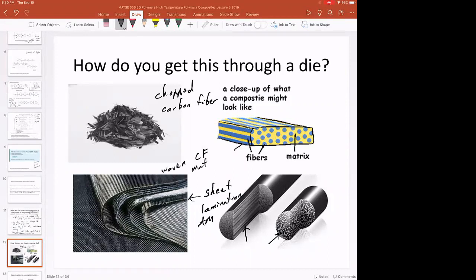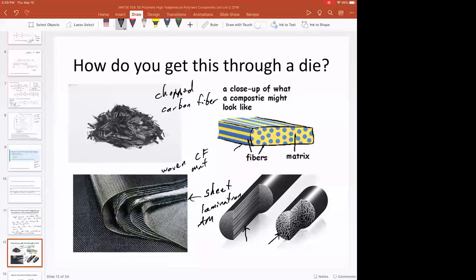And so when you buy a golf club, or well, golf clubs are made using wound fiber, but tennis rackets or ping pong paddles or other things that are carbon fiber, or say a high performance part for your car or bicycle, you see that weaving of the carbon fiber. That's what this mat is, and it's impregnated with polymer and cured.